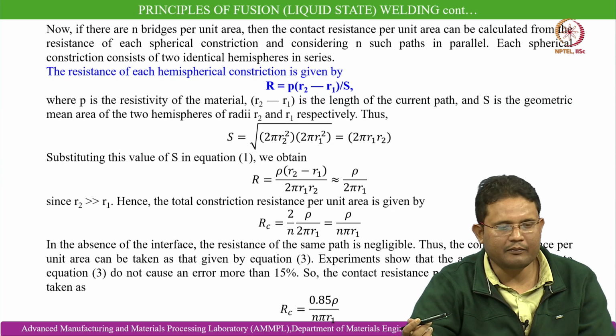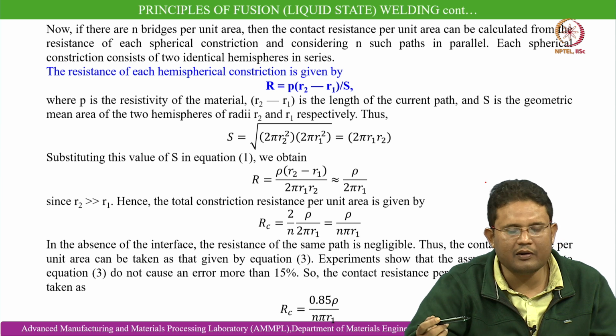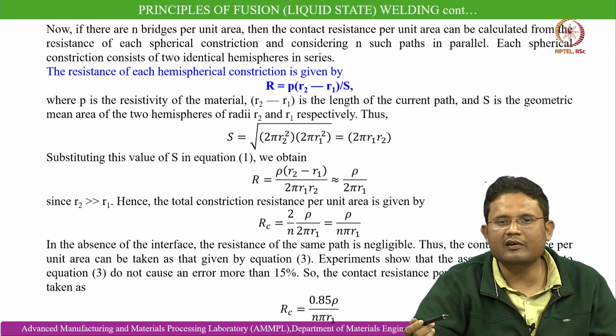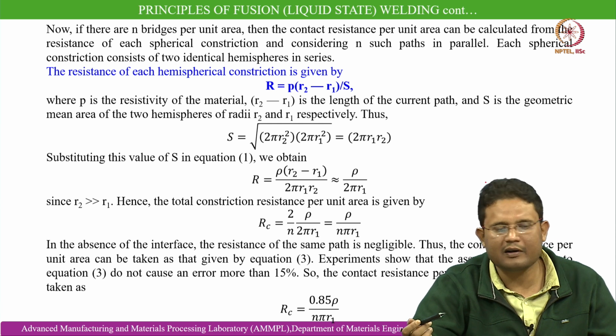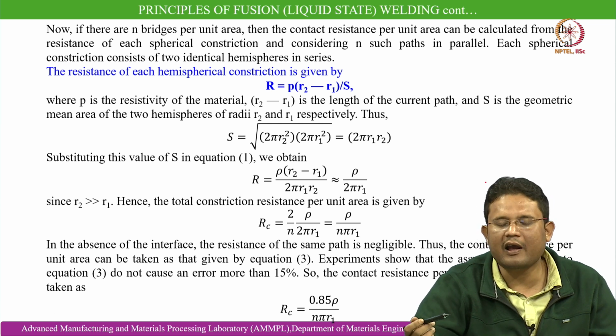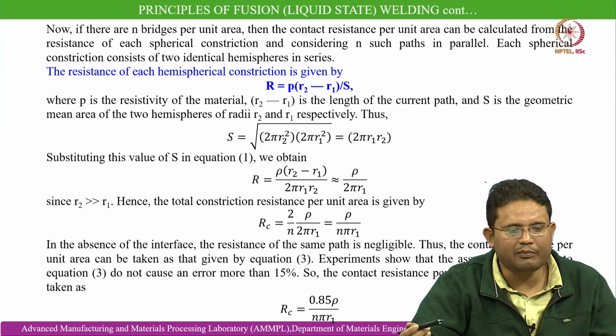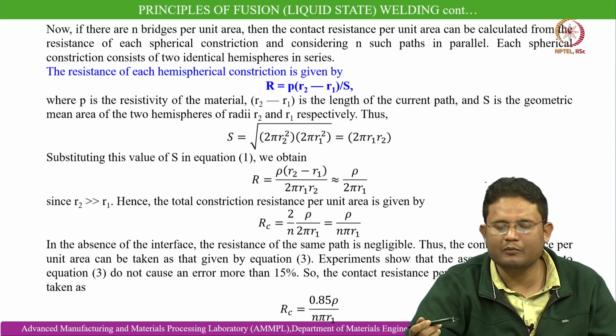These are the assumptions that we follow in case of contact resistance based fusion welding processes. Now, if there are n bridges per unit area, then the contact resistance per unit area can be calculated from the resistance of each spherical constriction, considering n such paths in parallel. Each spherical constriction consists of two identical hemispheres in series.